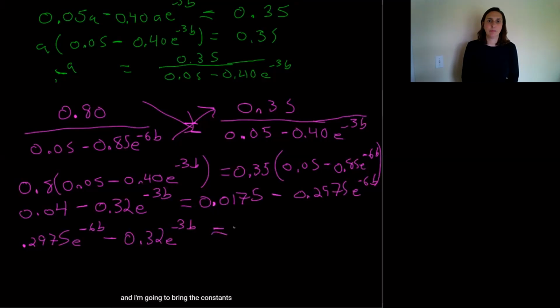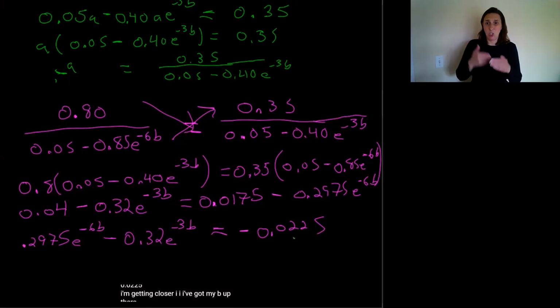And I'm going to bring the constants together. I'm going to have this minus this. And this is a negative 0.0225.